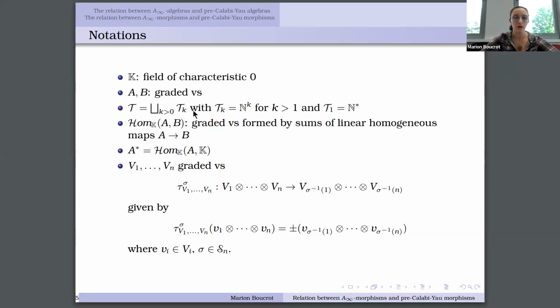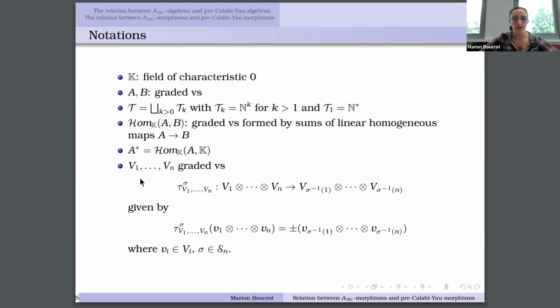And for the other components, for example the component T^k, it is N to the power k, where N is now the set of natural integers beginning at 0. I will also denote by this the graded vector space formed by sums of linear homogeneous maps from A to B. And I will denote by A star the graded linear dual of A.